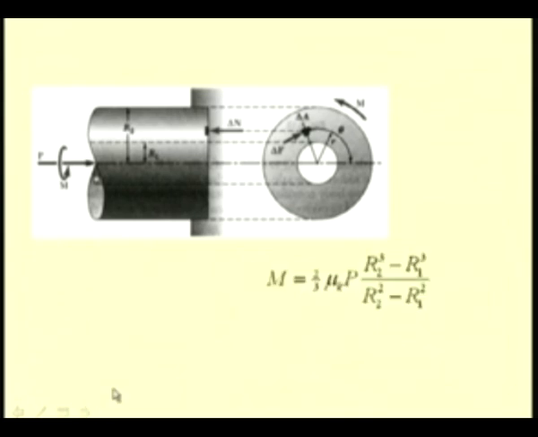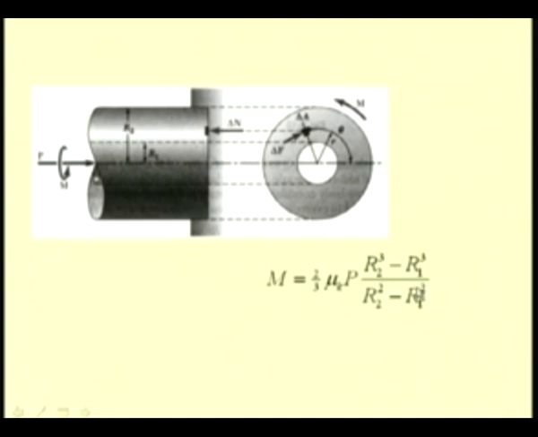So, if we integrate it, we have the total moment as 2 by 3 mu k times P, the axial load, into R2 cube minus R1 cube divided by R2 square minus R1 square.